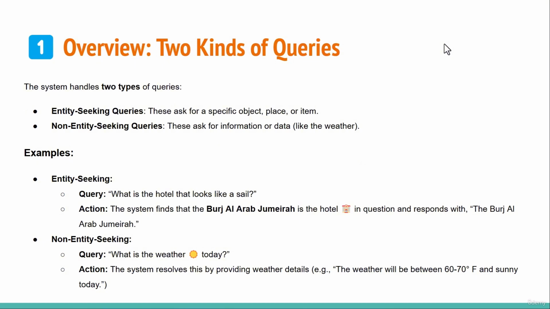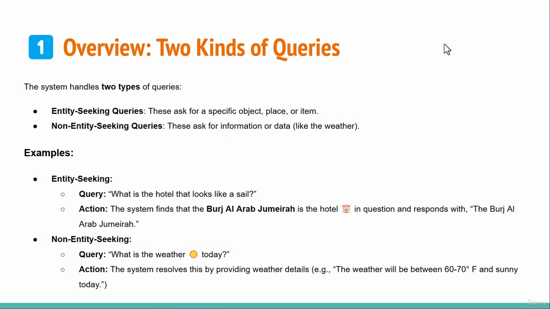When a query is searched, Google quickly has to determine whether it is an entity-seeking query or a non-entity-seeking query. As mentioned earlier, an entity-seeking query involves a specific object, place, person, and so on. A non-entity-seeking query is where a user wants to find information, data, weather, or similar things.